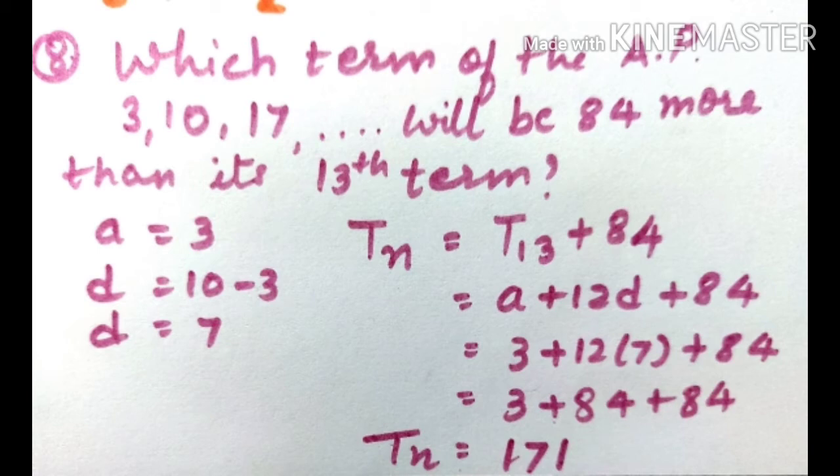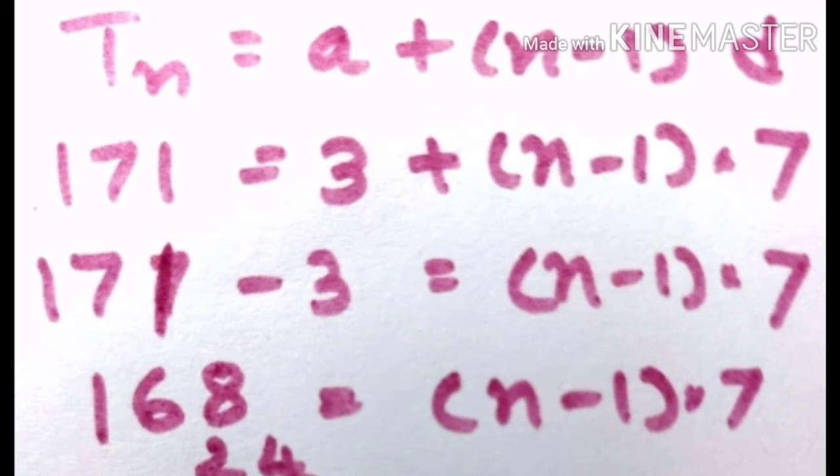Means here we want to find the term n, the value of n. So here I place the formula: Tn is equal to A plus n minus 1 times D. So Tn we found 171, which I placed in the formula, is equal to A value 3 plus n minus 1 into D value 7.